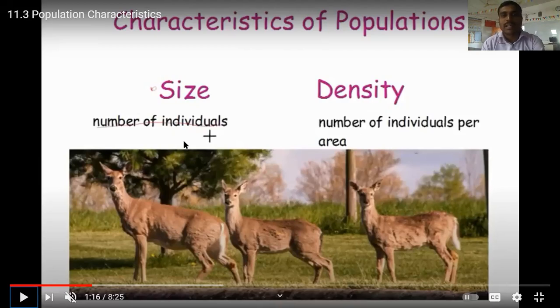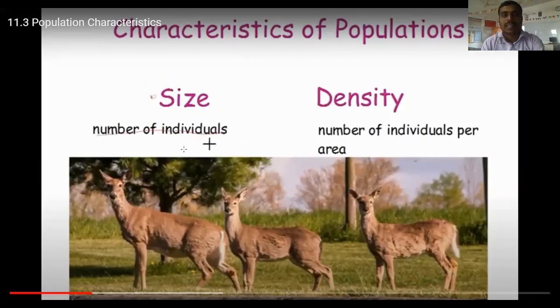And more informative than size is the density. What is density? The number of organisms per unit area or per unit volume of the environment is called density.